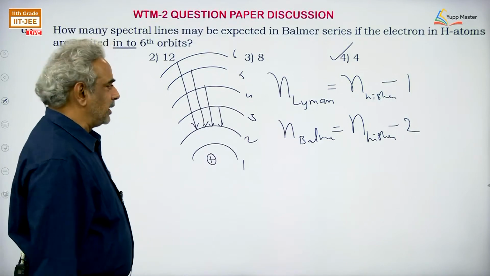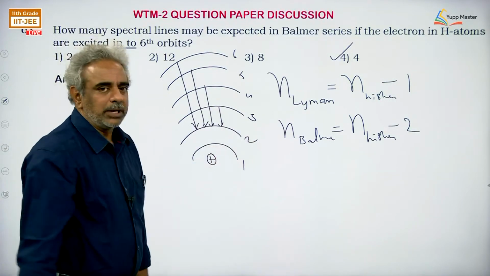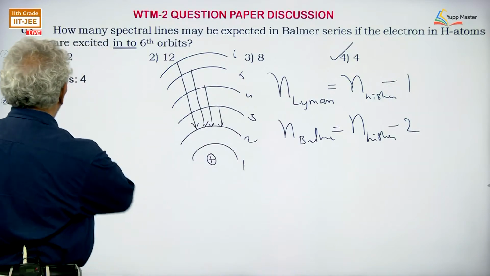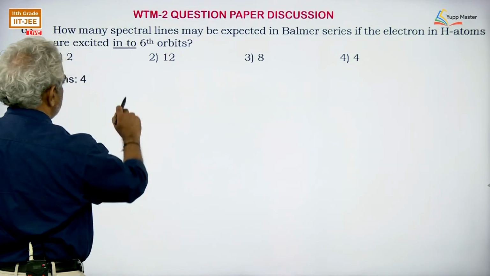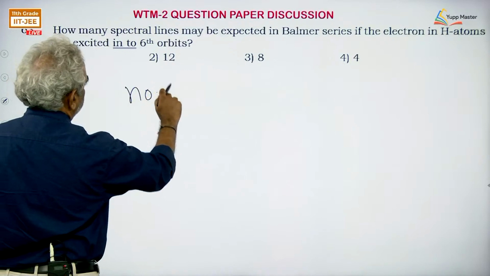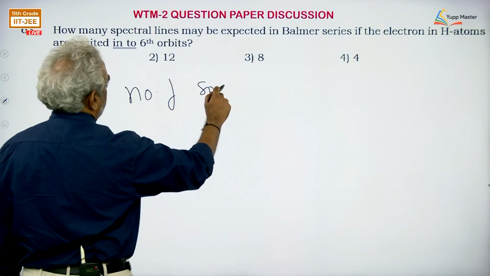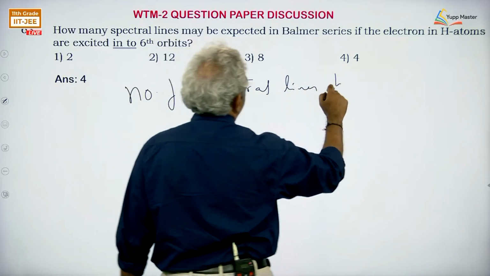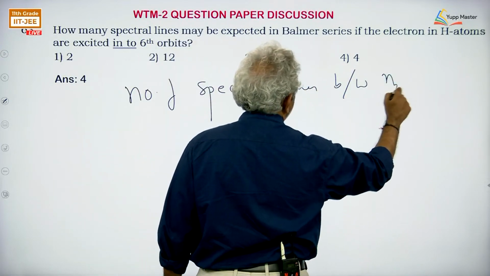But it is not like that. Only Balmer lines you are asking. You are excluding Lyman, you are excluding Paschen and all. If you want all spectral lines, how to work out the number of spectral lines between N2 and N1?